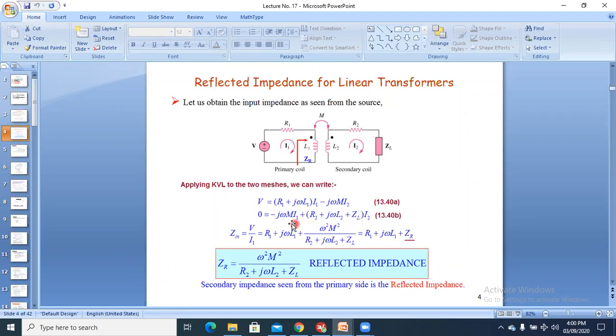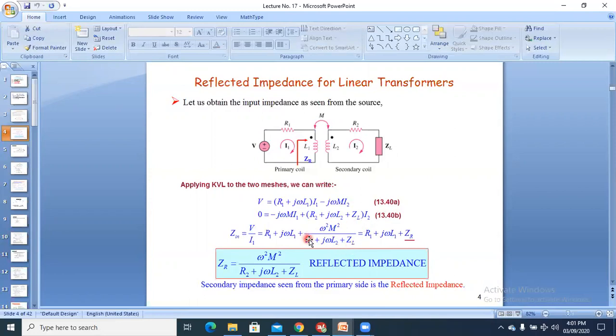So we substitute the value of I2 from the second equation into the first equation, and we will get the value of the input impedance, which is R1 plus j omega L1 plus omega square M square over R2 plus j omega L2 plus ZL.